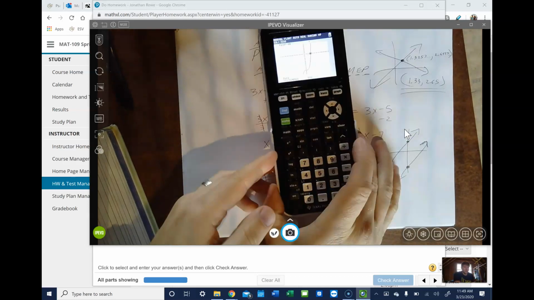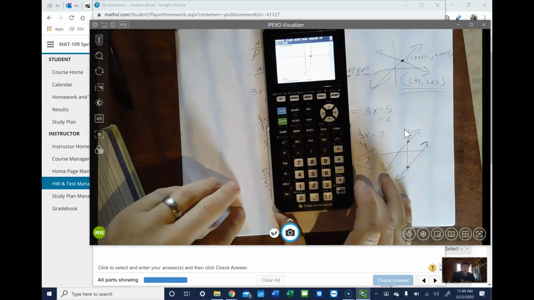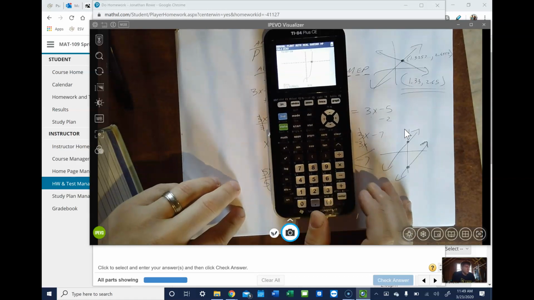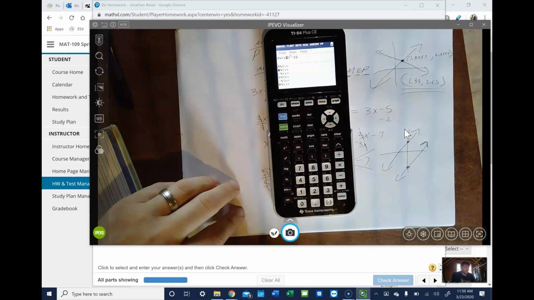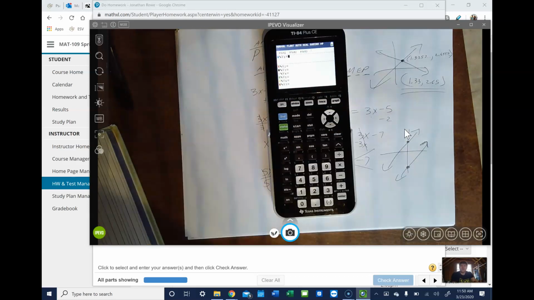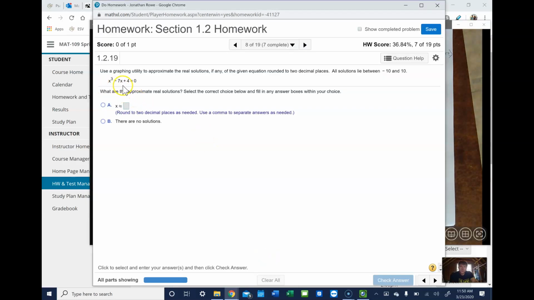So step 1, hit the home button. Step 2. Go to y equals, and we're going to graph this. So let me go back. X cubed minus 7x plus 4. That's what I'm going to put into y1. And since the right side of the equation is just 0, that's all I have to put in.